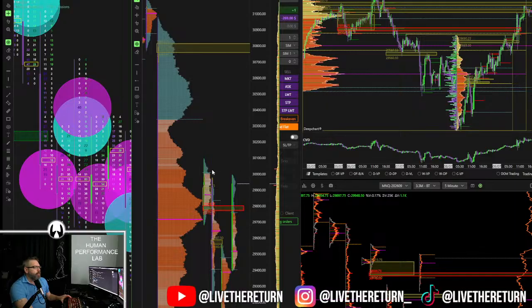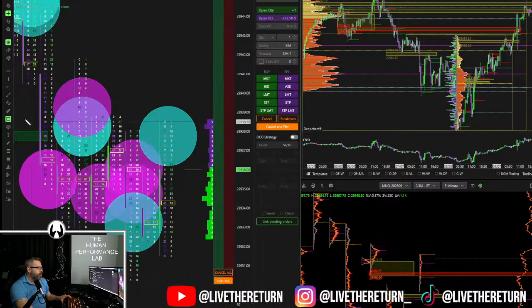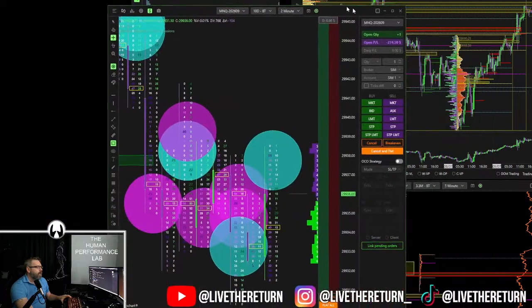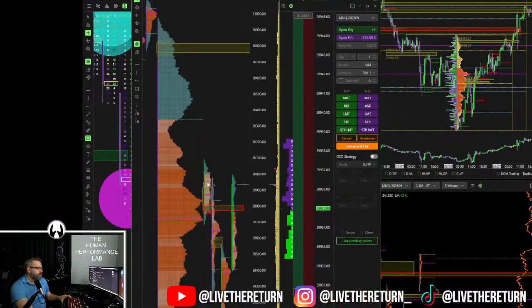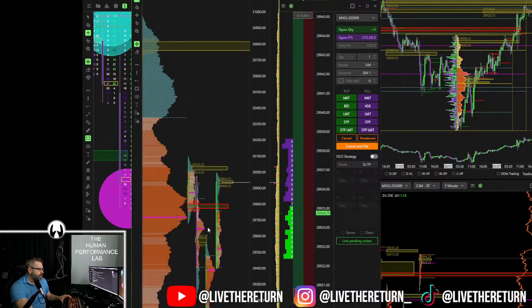Price action might break 300,000, but I would be anticipating potential rejection around this area and around here going into the next session.